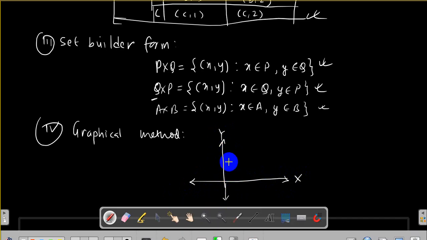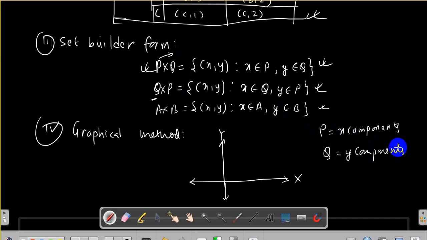Now, if we are taking P cross Q, then all the elements of P will denote x components, and similarly all the elements of Q will denote y components.